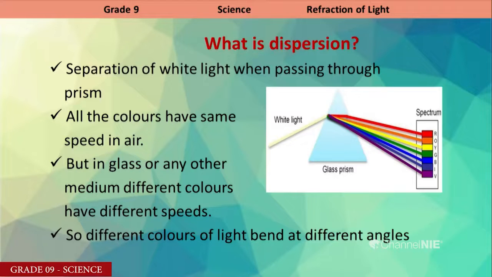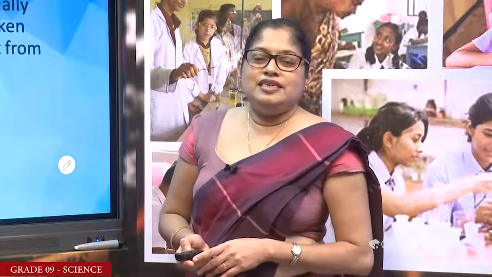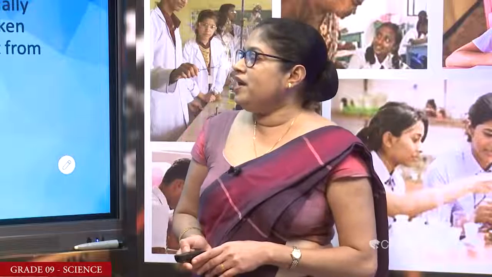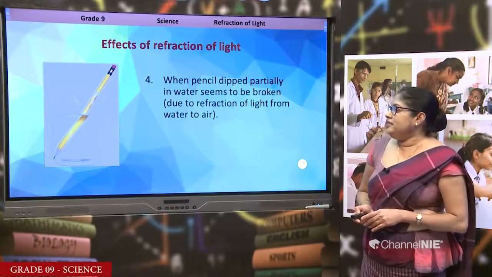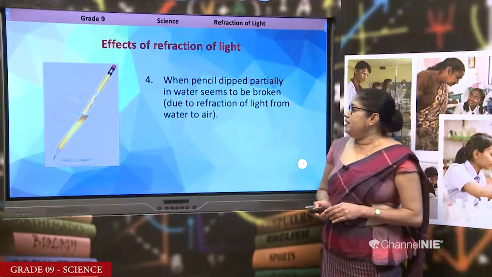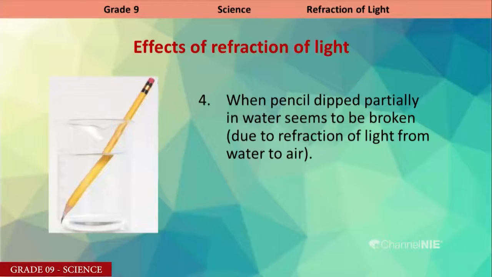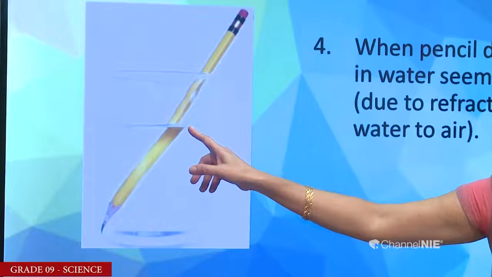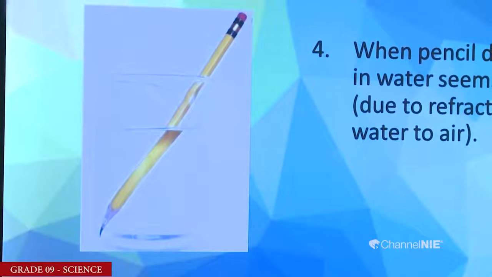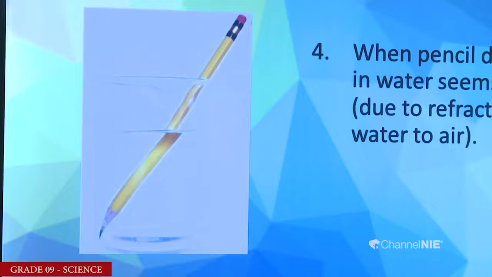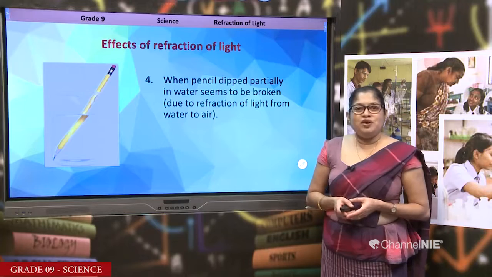Then you can remember the colors of the spectrum in order. The next incidence related to the refraction of light is this. When a pencil is dipped partially in water, as you can see here, it seems to be broken at this interface. This is due to refraction of light from water to air. You can do this at home and see whether you also can see this.